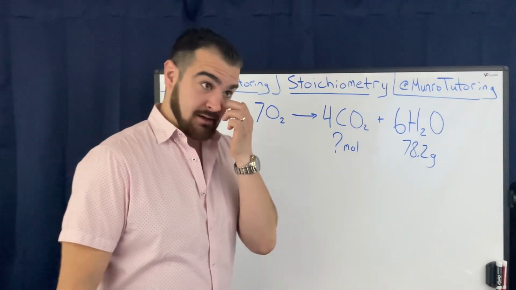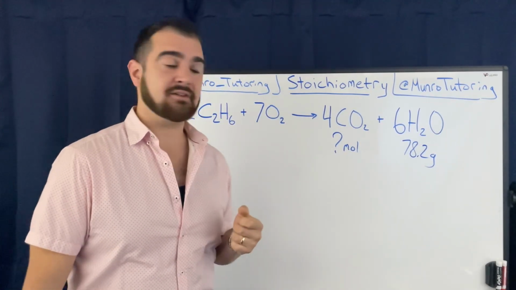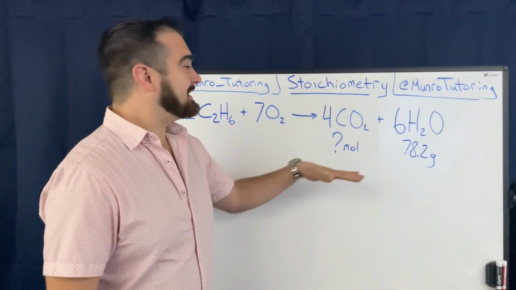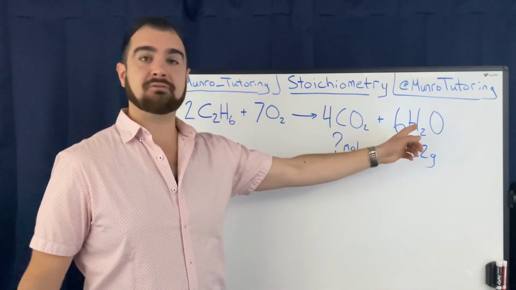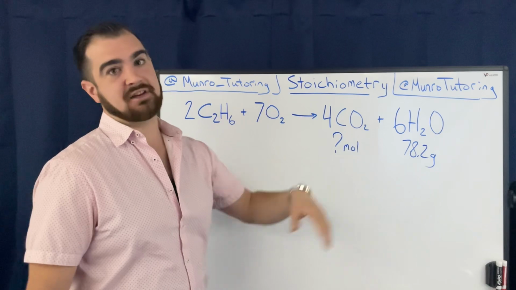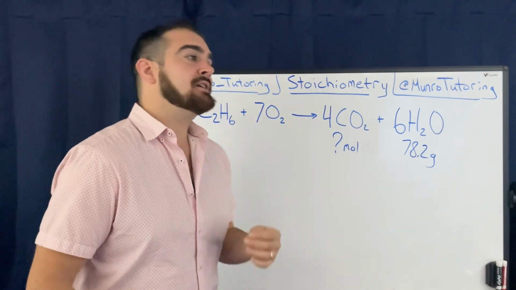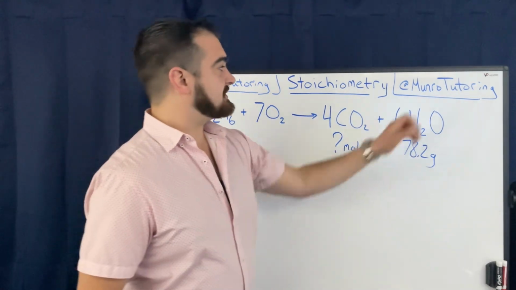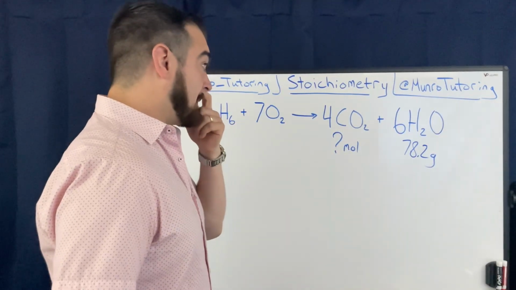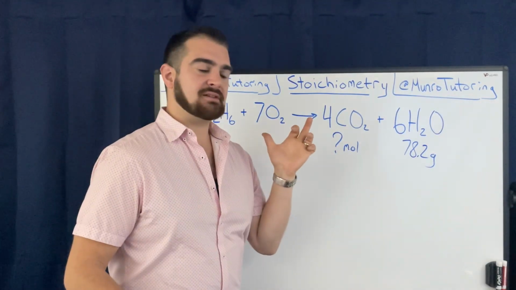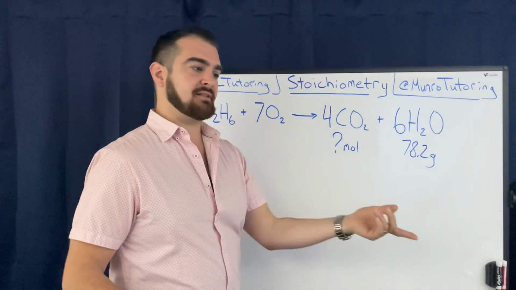And like I said in the first part of this series and the second part, it's always good to write the information underneath the substance in the balanced chemical reaction, okay? It has to be balanced, otherwise we cannot do stoichiometry. So we're given grams of something and we want to know about moles of something else. Now, I'm going to write something slightly out of order this time compared to how I did it last time.